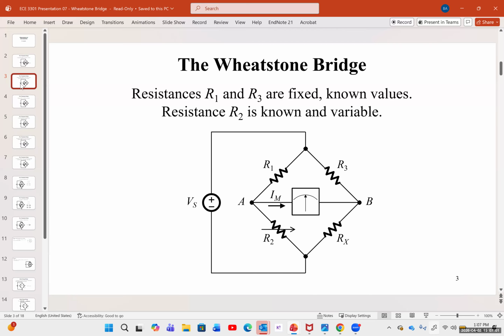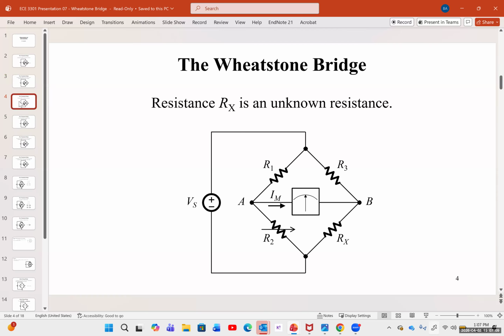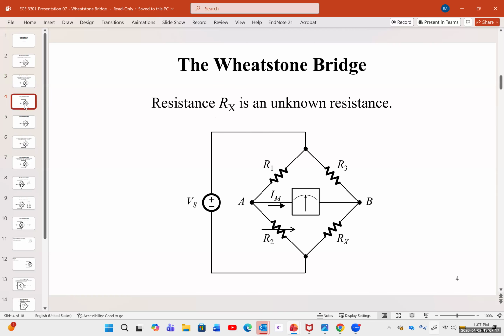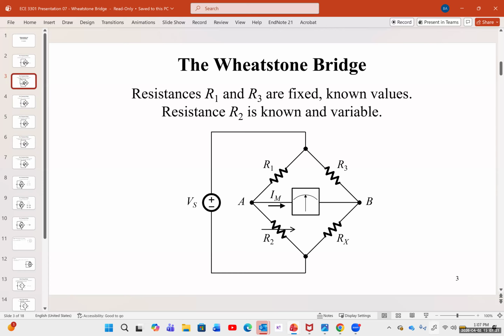So our resistances R1 and R3 are fixed, known values, and R2 is known, but it's variable. One thing else I wanted to mention: the reason that Rx is unknown is that usually we don't have access to it.